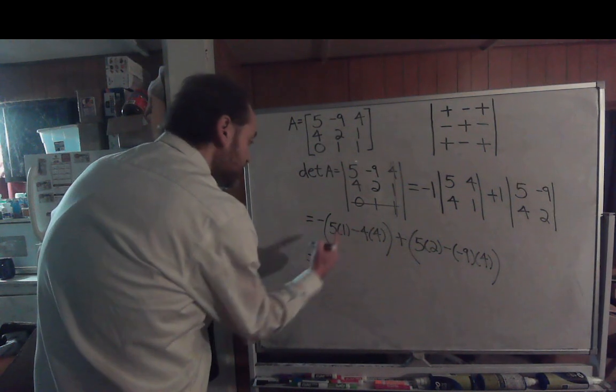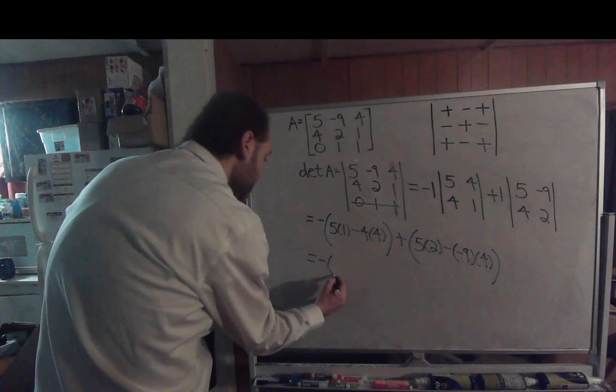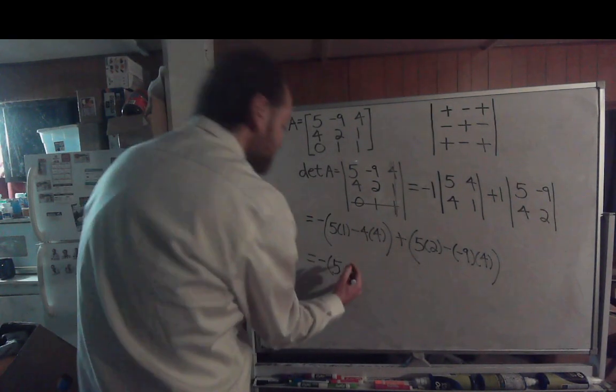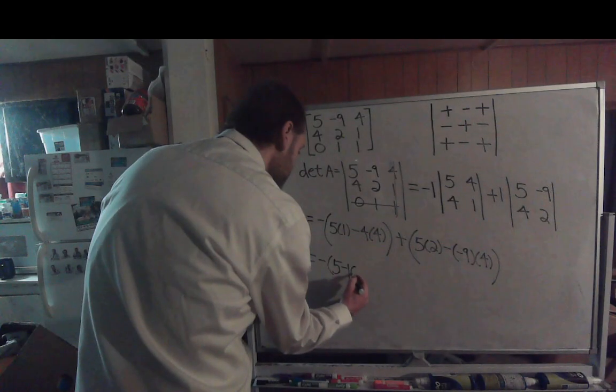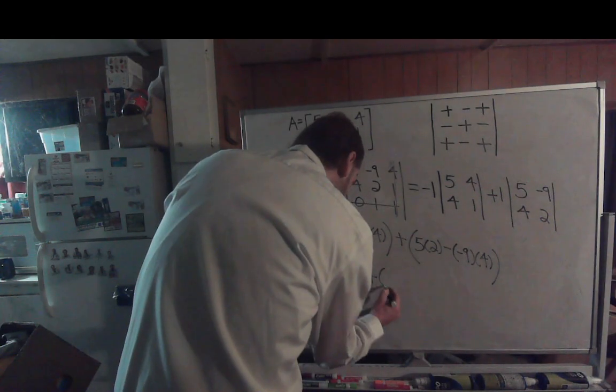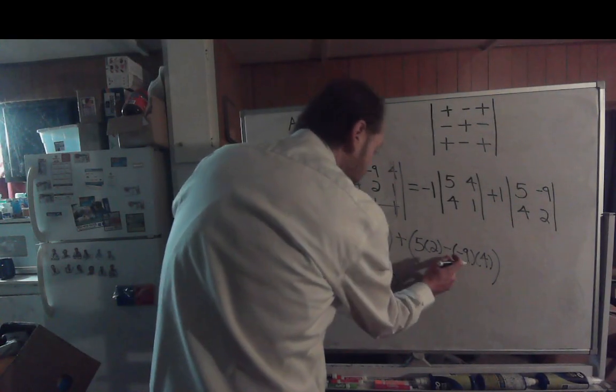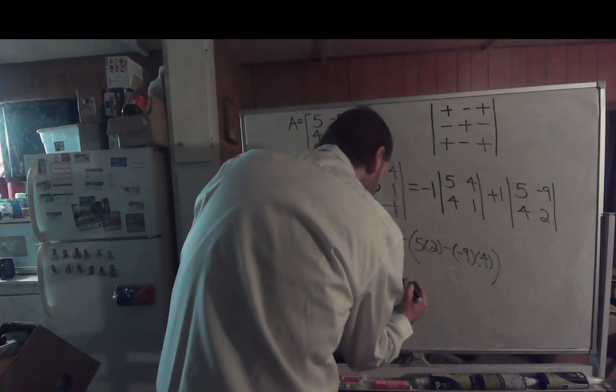Okay, let's just deal with our parentheses first. So 5 times 1 is 5. Minus 4 times 4 is negative 16. So negative of 5 minus 16, plus, then we have 5 times 2 is 10. Negative 9 is positive 9 times 4 is 36.